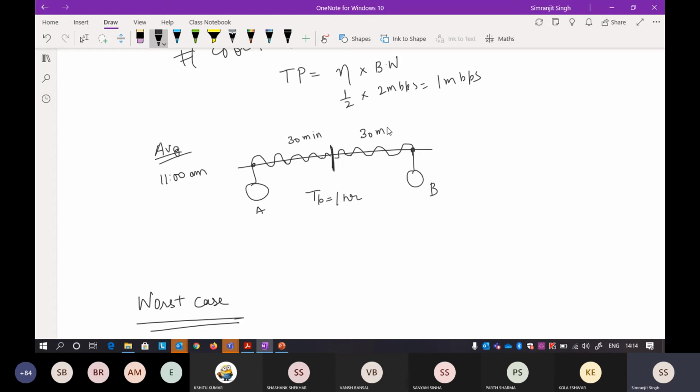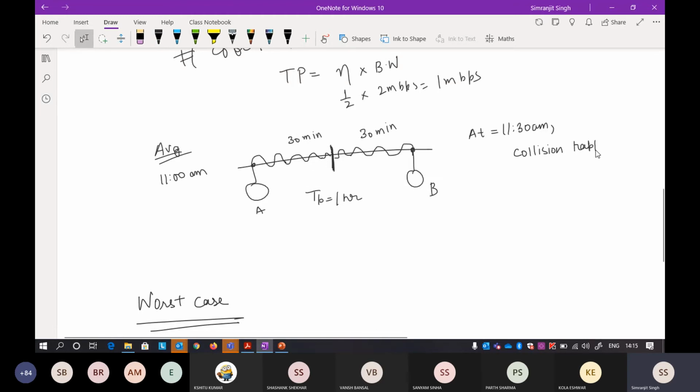Both transmitted at the same time, so after 30 minutes of propagation, you get a collision. So there is a collision at 11:30 a.m. Collision happens.